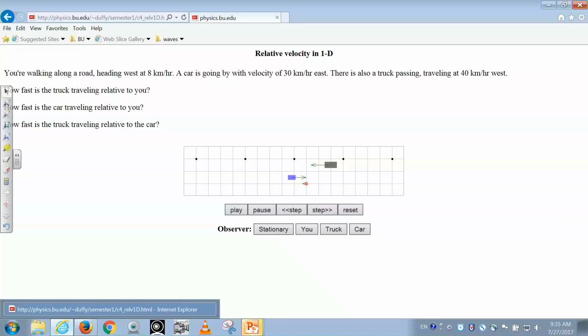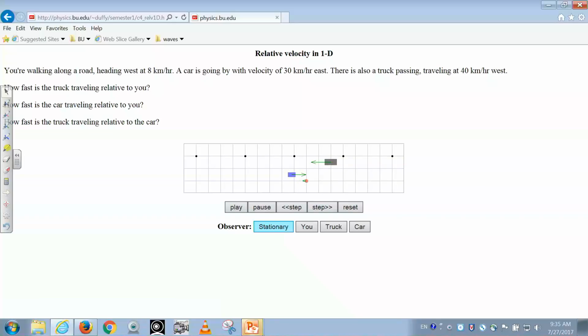It just tells you different objects travel, and you can look at it from relative views. This was a picture seen by this pink dot that represented you. But relative to a car, the picture looks different. If we change the point of view, the picture looks different.